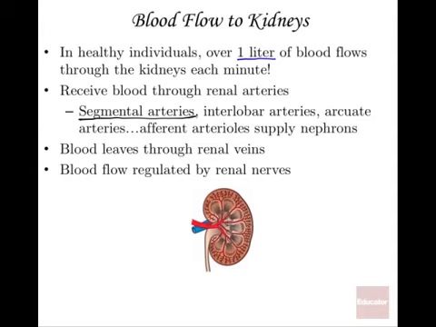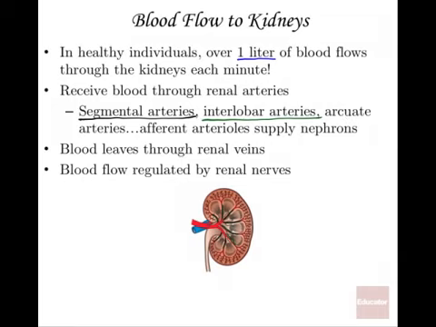The interlobar arteries, let me show you those. They go into each little lobe. So here, here, here, here, here. All of these are interlobar arteries, which branch off of the segmental arteries here.